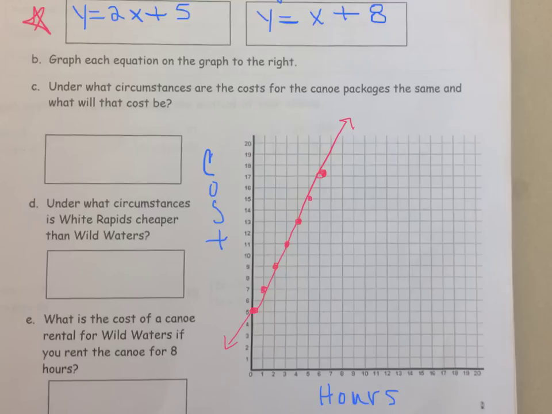Okay. Now I'm going to graph the second equation in green. I start at 8, which is my y-intercept, and I'm going to go up 1 over 1, up 1 over 1, and so on.